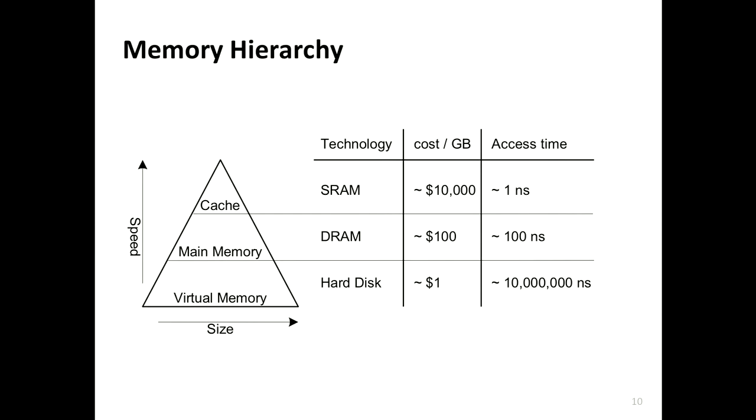DRAM still has 100 nanoseconds of access time. So you see the key point, right? SRAM: fast access time, very expensive. DRAM: reasonably expensive, but slightly slower access time, and so on. So this is the whole setup, and we need to build an organization keeping in mind, somehow balancing all these three characteristics and kind of fooling the entire system.